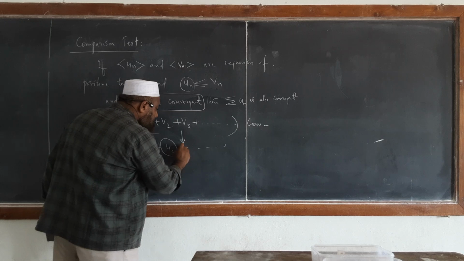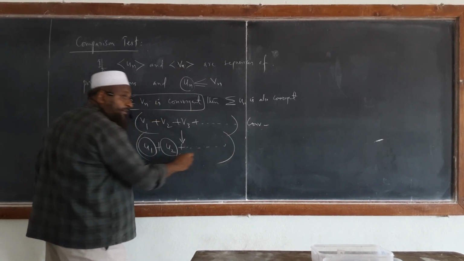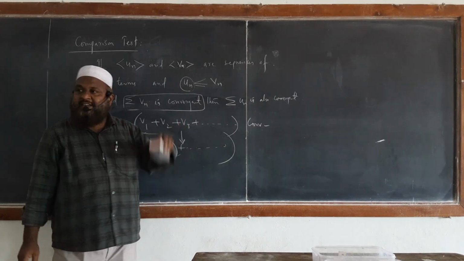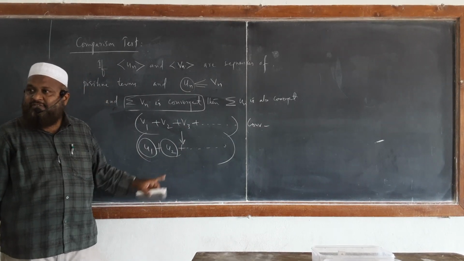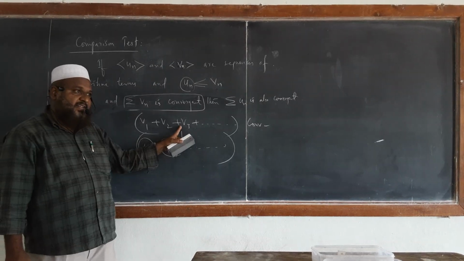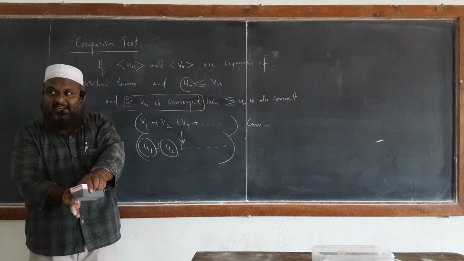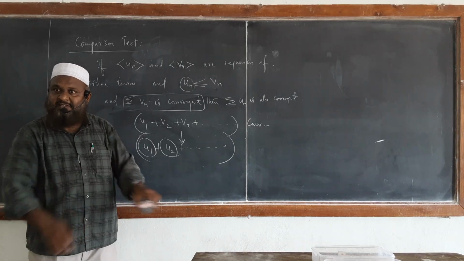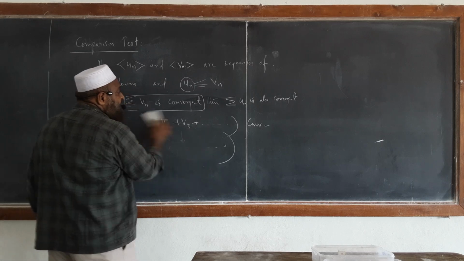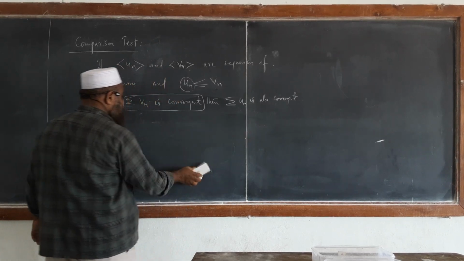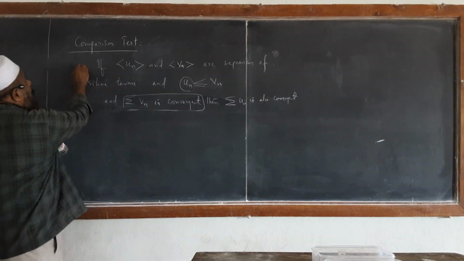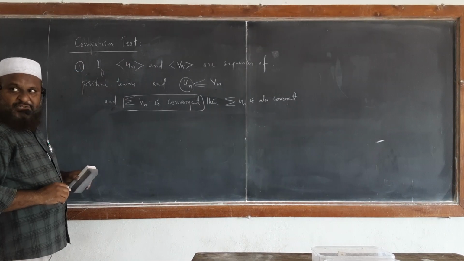So if I add these, this summation will be less than that, and that is itself finite. Therefore this is also finite. So if the bigger one is convergent, the smaller one will be convergent. This is just a comparison test, no limit calculation, nothing.